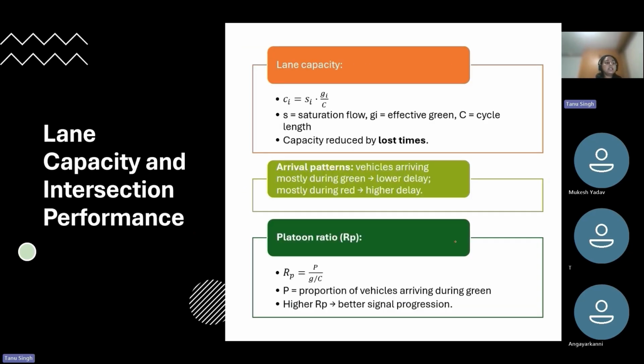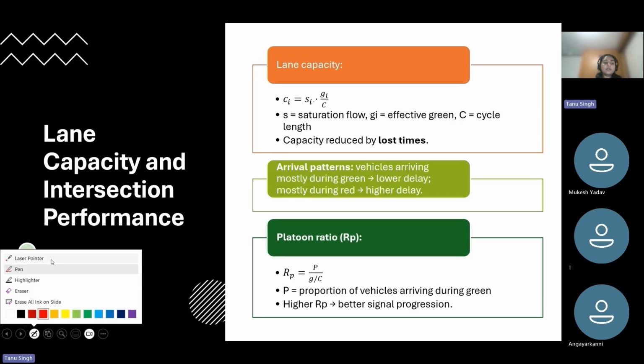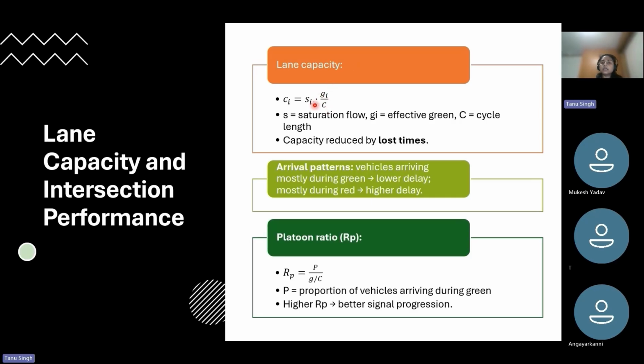Now coming to the lane capacity and intersection performance. So how do we calculate lane capacity? It is based upon the saturation flow and the proportion of the cycle when the signal is green. Because vehicles only traverse when the signal is green, we take only that proportion of the cycle, calculated as the green time divided by C, the cycle length, multiplied by the saturation flow rate.